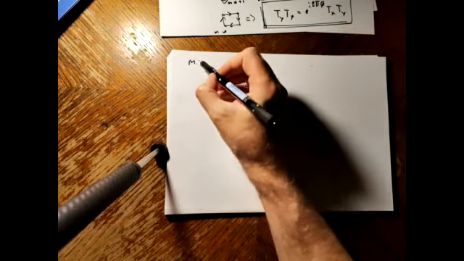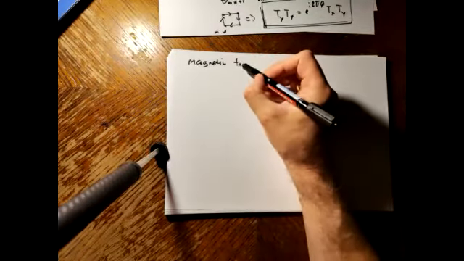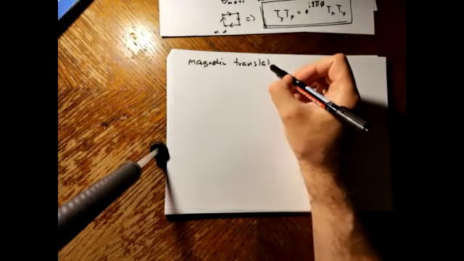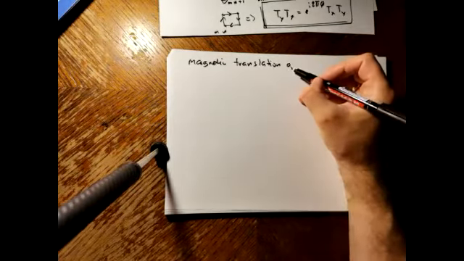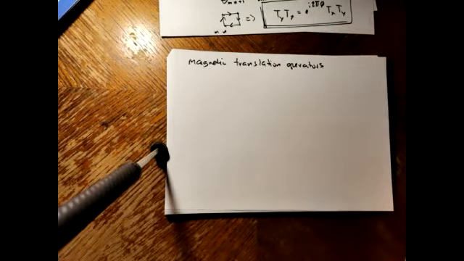Okay, what we want to do actually is to construct magnetic translation operators. Okay, so we want to construct operators which commute with the Hamiltonian. And we cannot actually do that, but under certain circumstances, we can construct such operators.